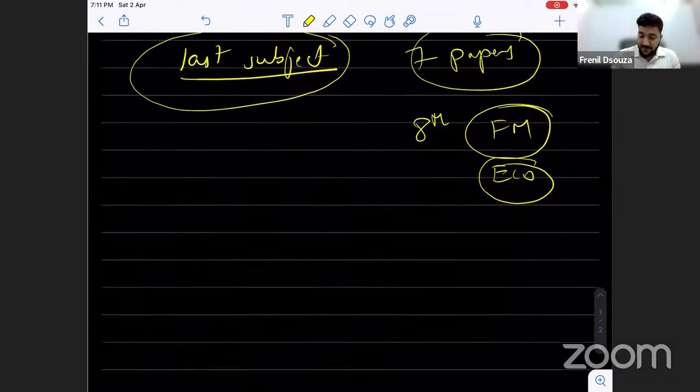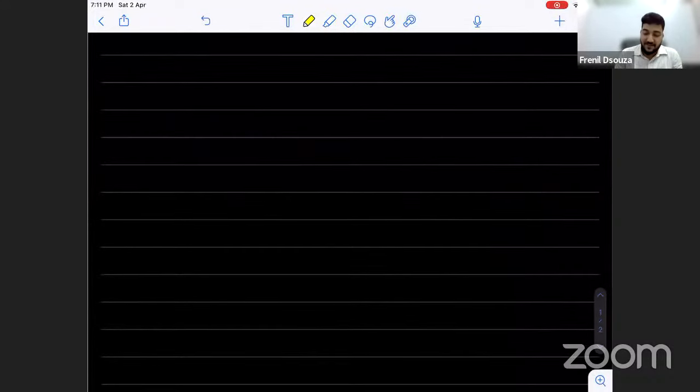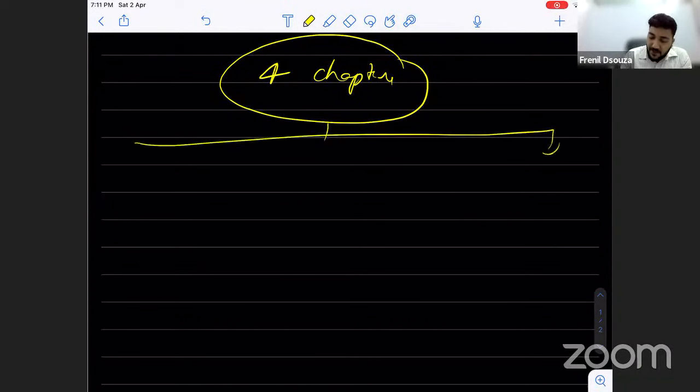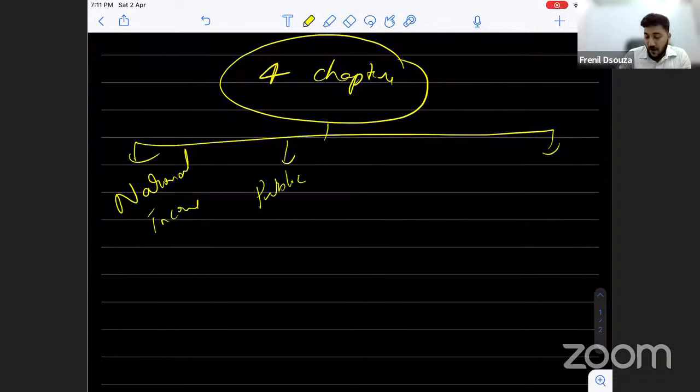So let us start. Now the 4 chapters, right? And in the classroom scenario, we have also told why there are 4 chapters, because in the revision lectures, we won't be covering that in that much detail. And what are the 4 chapters that we have? We have a chapter which talks about national income. We have a chapter which talks about public finance, or we call it fiscal functions.